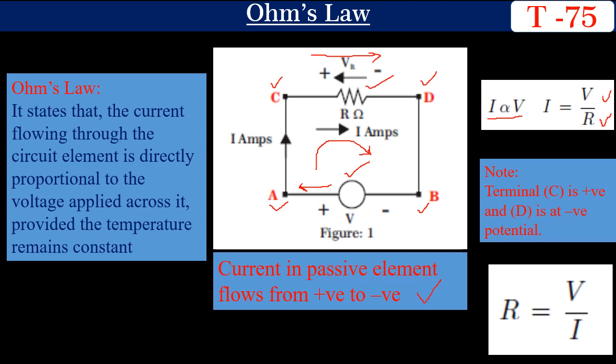Because resistance is the property that opposes the current, and hence R is in the denominator. Using I equals V divided by R, we can get three equations: I equals V divided by R, R equals V divided by I, and V equals I into R.